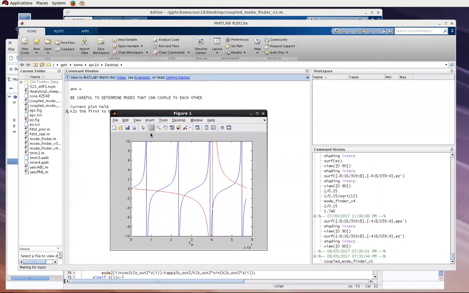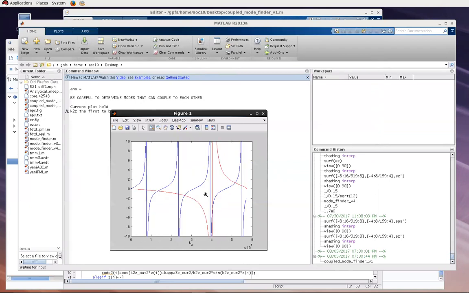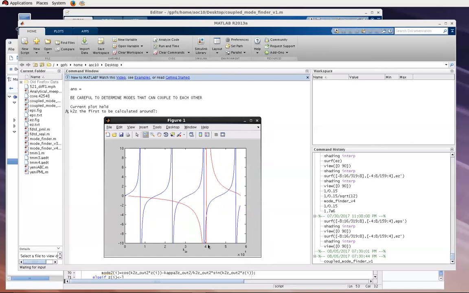So let's zoom in and try to find the KZ as usual. All right, so this is around 1.35 e to the 5. The other one is going to be below actually.